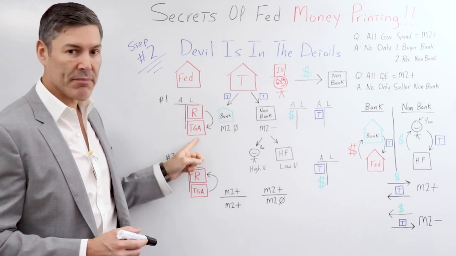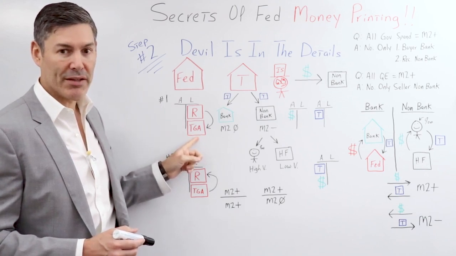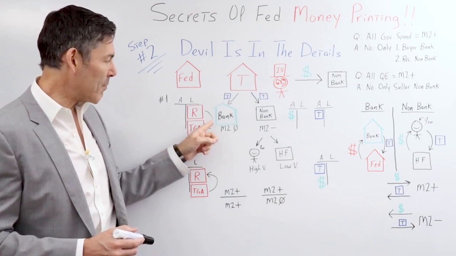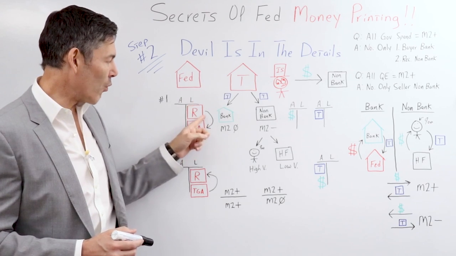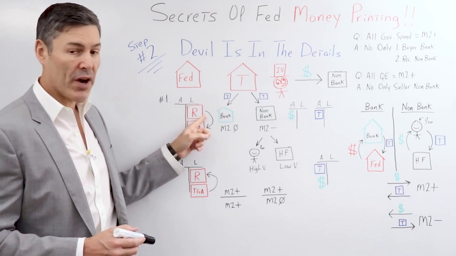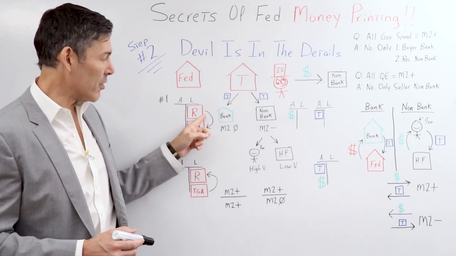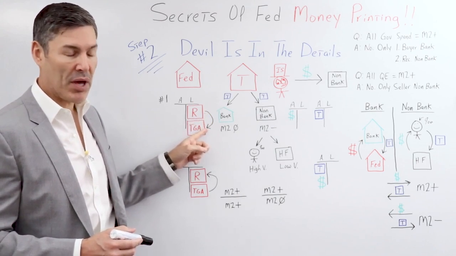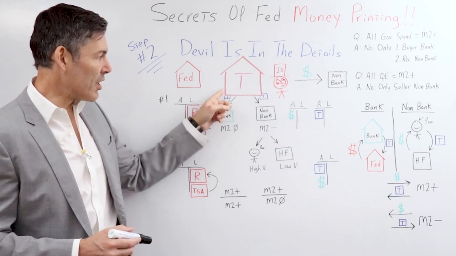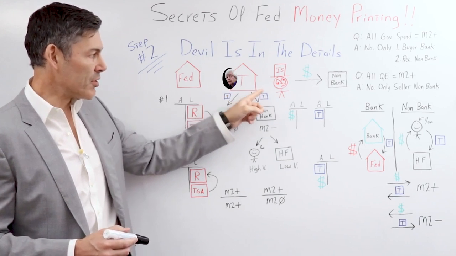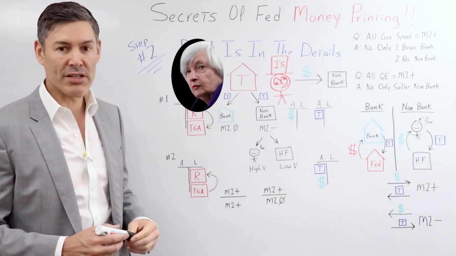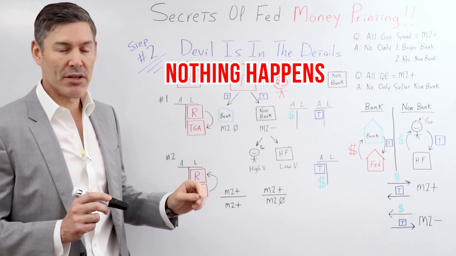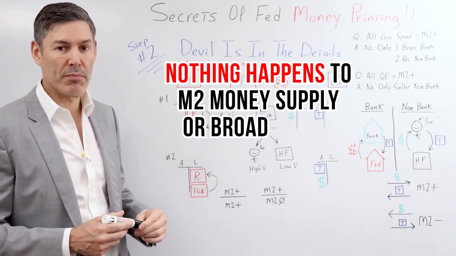But the Treasury has their account at the Fed as well. It's called the TGA. So what would happen is the bank would instruct the Fed to wire or just transfer bank reserves from their account down into the TGA to pay for the treasuries they just purchased from Janet Yellen or your drunk, insolvent Uncle Sam. So you can see nothing happens to M2 money supply or broad money.